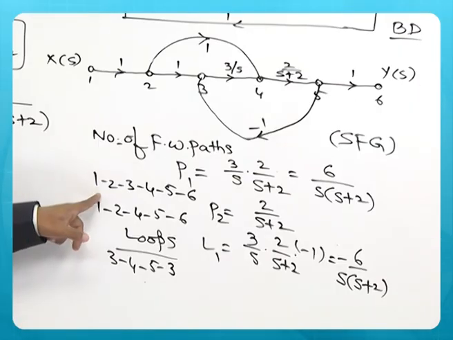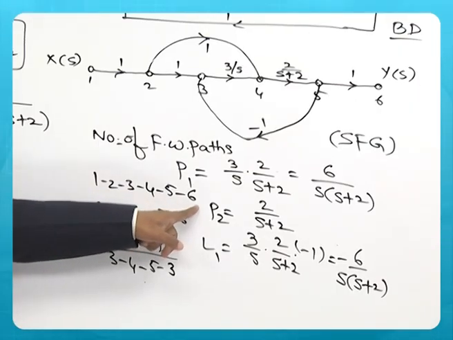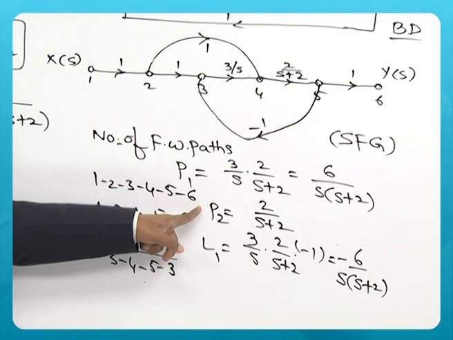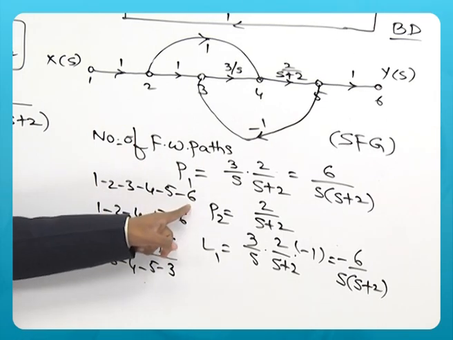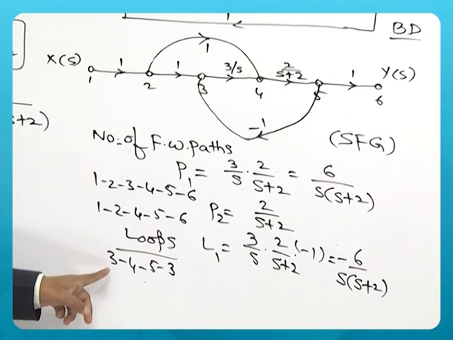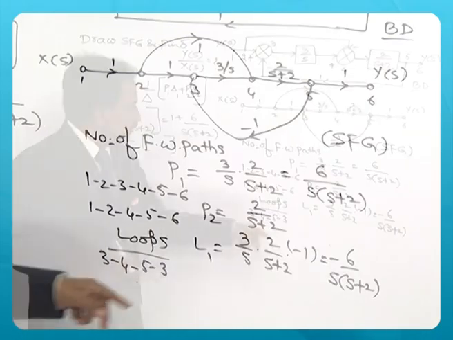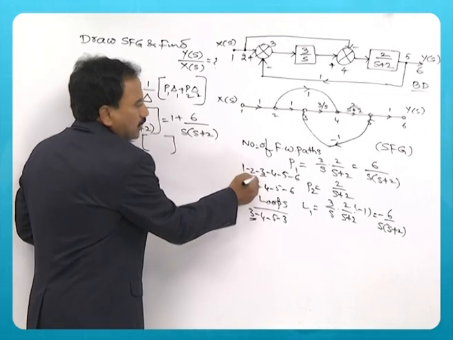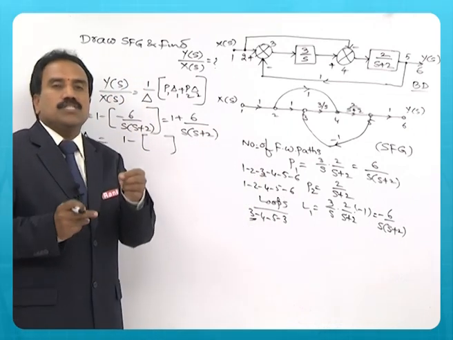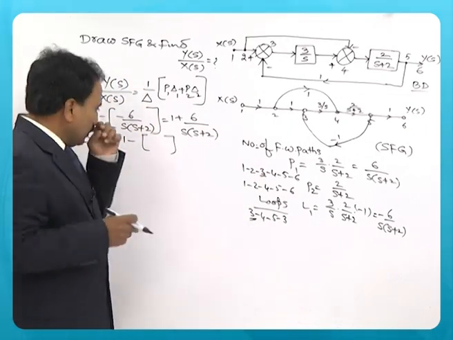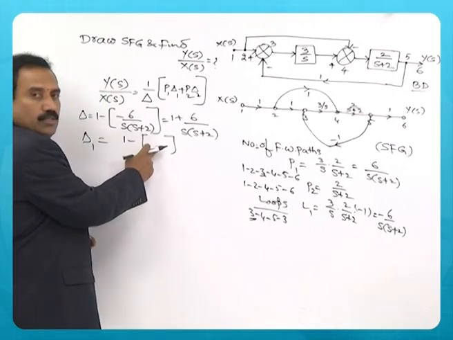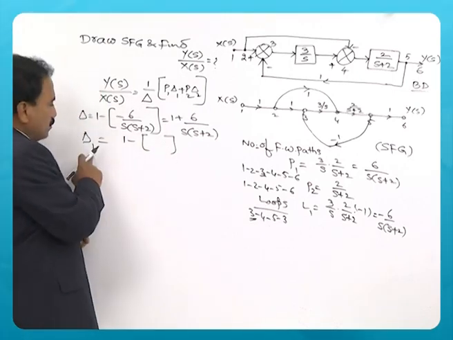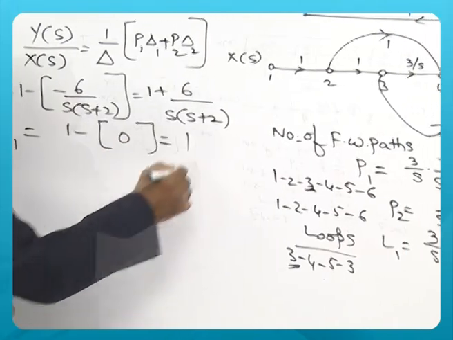The path for the first, connecting input and output, has nodes 1, 2, 3, 4, 5, 6, whereas the loop has 3, 4, 5, 3. So even one node matching is enough, so we say that the loop is touching the forward path. So there are no loops not touching the first forward path, so it is 0, so delta 1 is 1.